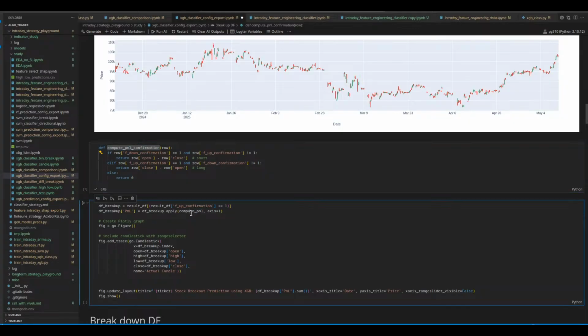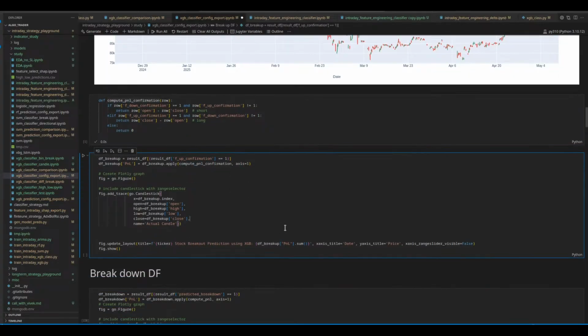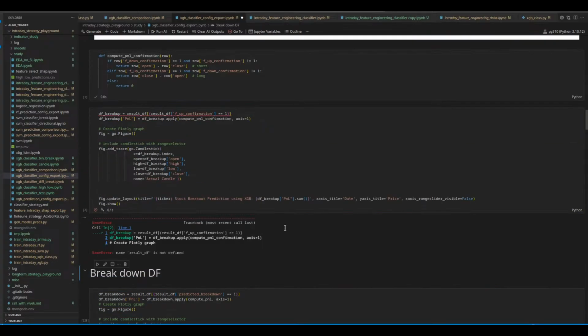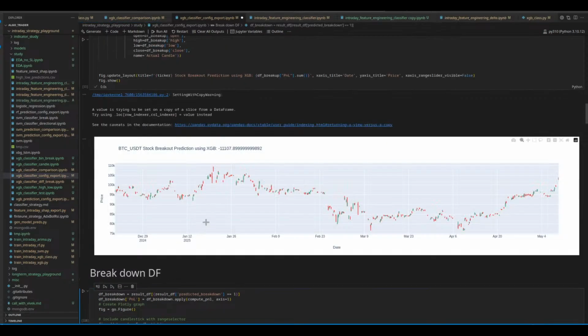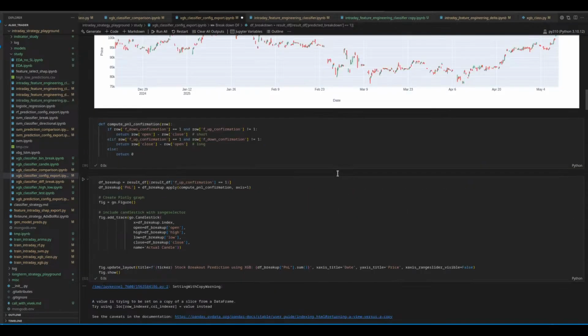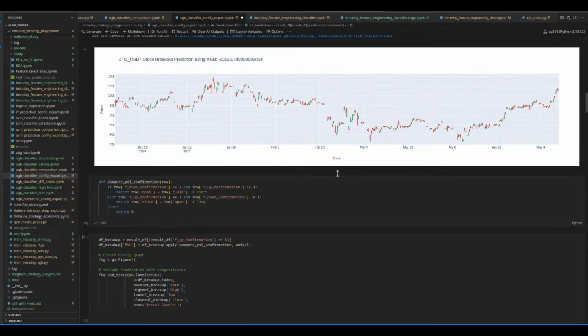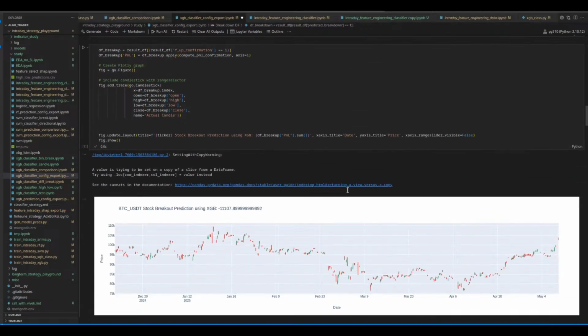Okay, and then call this specific function. Let's see what happens. Result df is not defined. Let me run it through. Okay, so 11107, 23125.